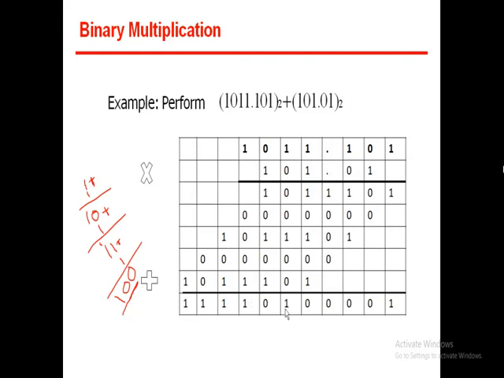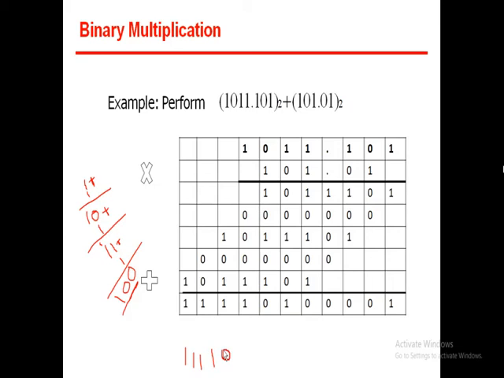So when we add 4 ones we will get 1 0 0, so 0, and 1 0 is the carry, that will move to here. Then this result will be 1 1 1 1 0 1.